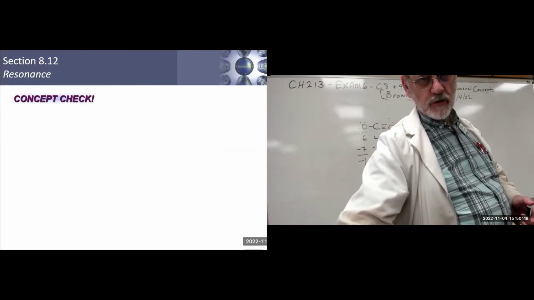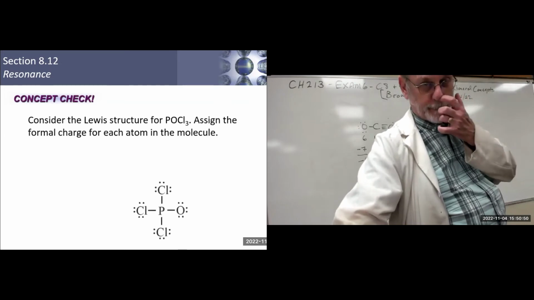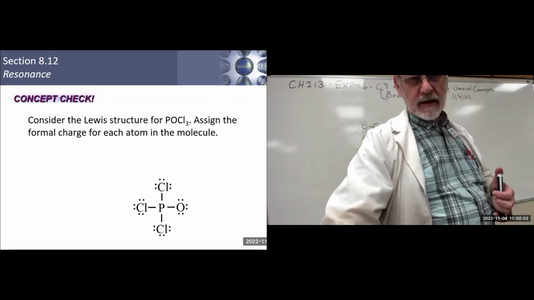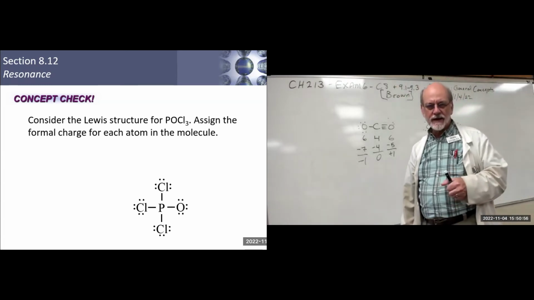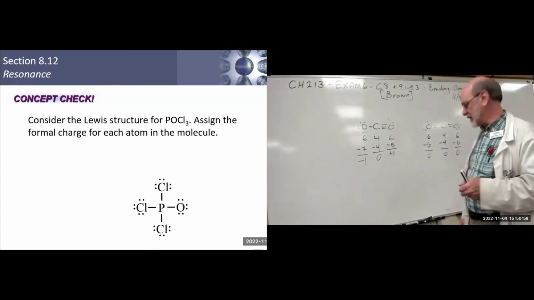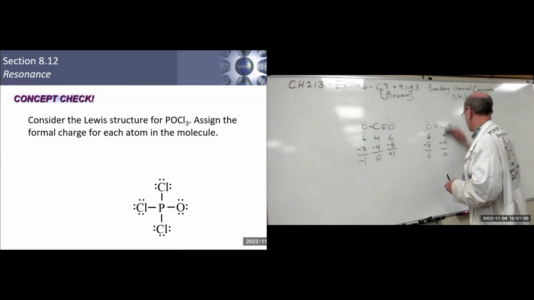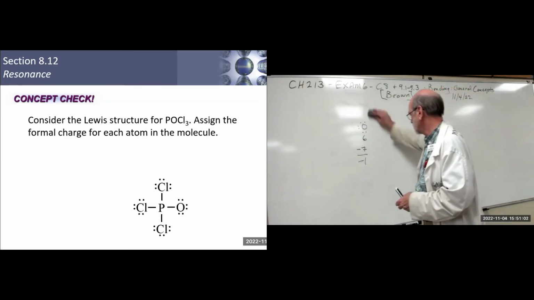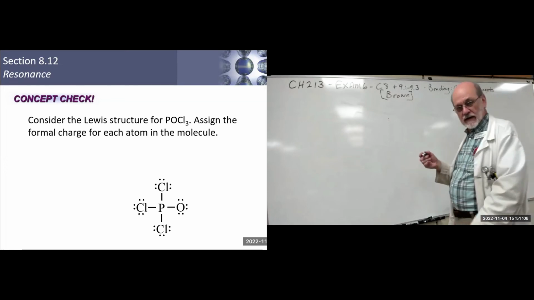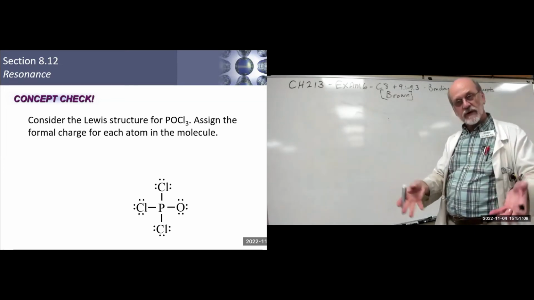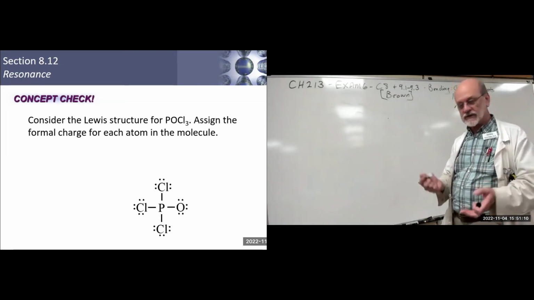Okay, those are just rules. Okay, consider this structure, POCl3. Assign the formal charge for each atom in the molecule. All right, and they've kindly already written the Lewis dot structure for us.